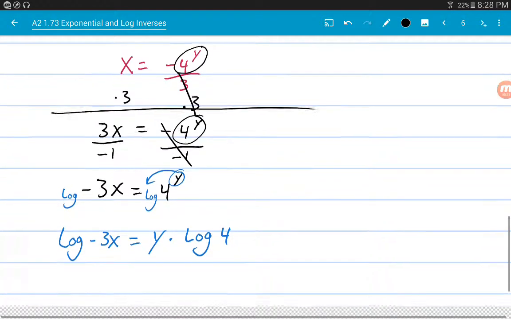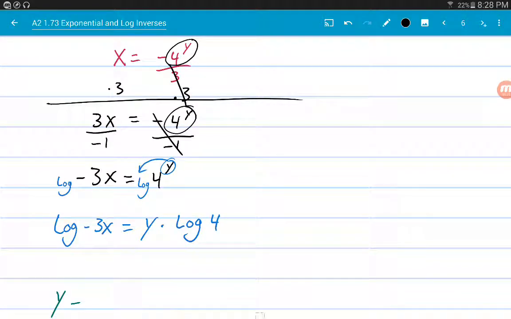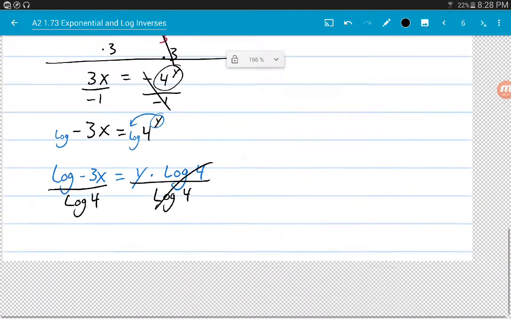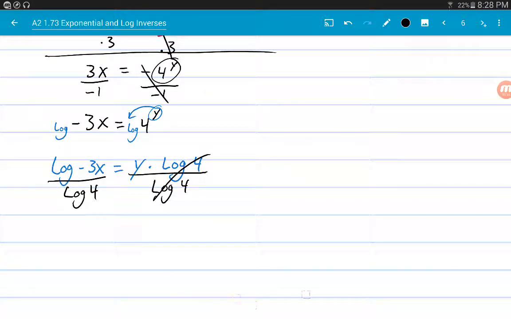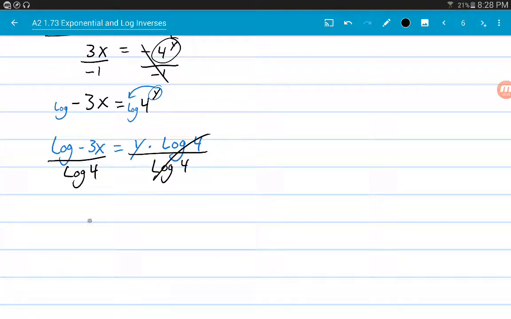In what is hopefully my last step, I get y by itself by dividing both sides by log of 4. These cross out. And I'm just going to rewrite because this is my final answer and I want to make sure that I keep it neat. Y is equal to log of negative 3x over log of 4.